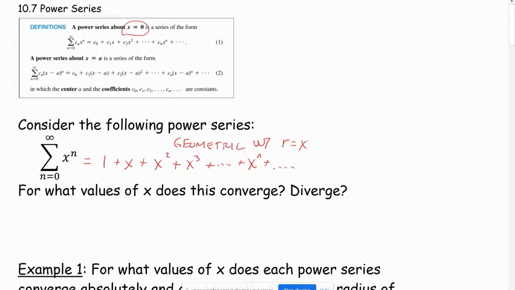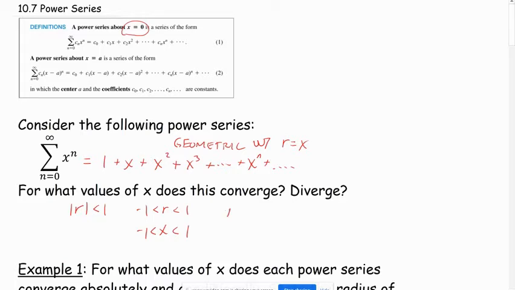We discovered earlier that an infinite geometric series converges as long as the absolute value of r is less than 1, which is the same thing as saying that r is in between -1 and 1. Since this series has a common ratio of x, that means x has to be in between -1 and 1.